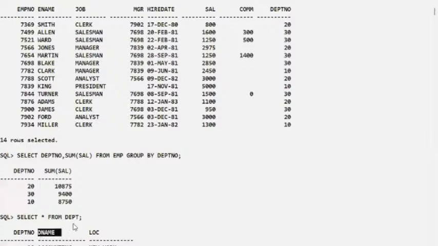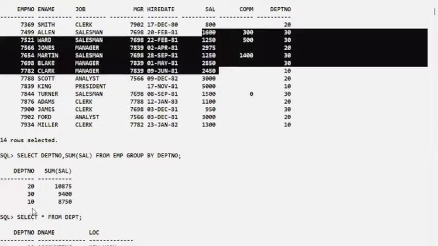In the DEPT table. So in DEPT table you have the departments, and in my employee table I have the salaries. So now my required data is in two tables, and again I want to use join. Got my point now?